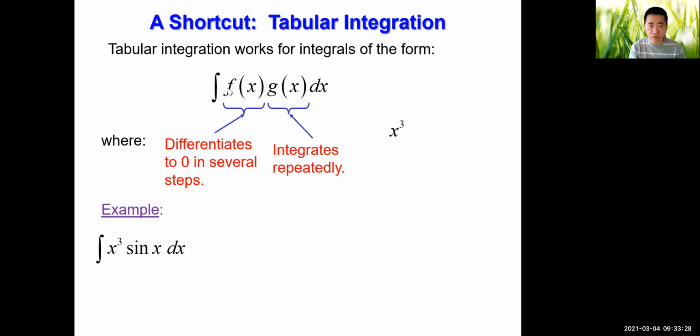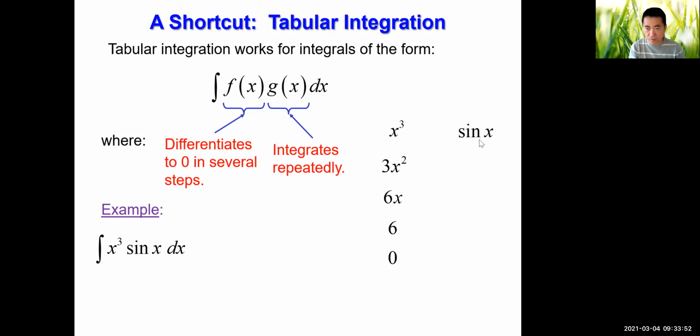All right, so start with f of x, x cubed, take a derivative, 3x squared, again, 6x, again, 6, again, 0. Well, you need that to get to 0, otherwise you go on indefinitely. And then for the function g of x, the second one, sine, take an antiderivative.